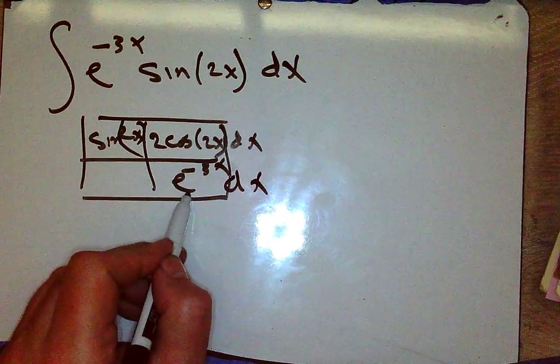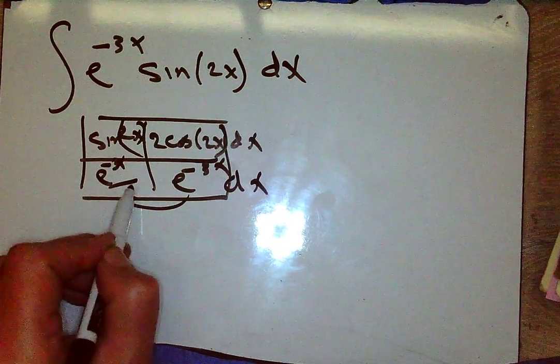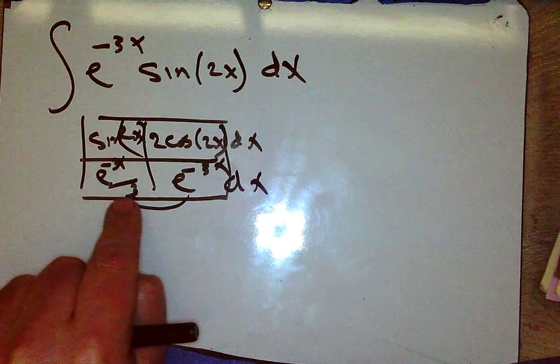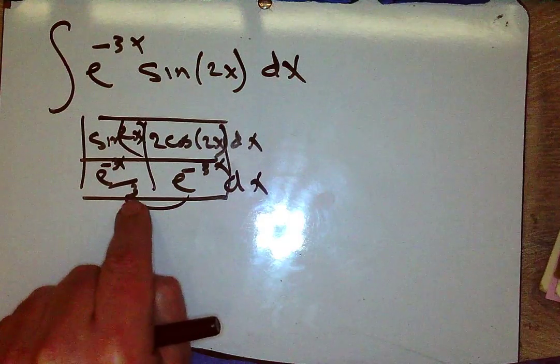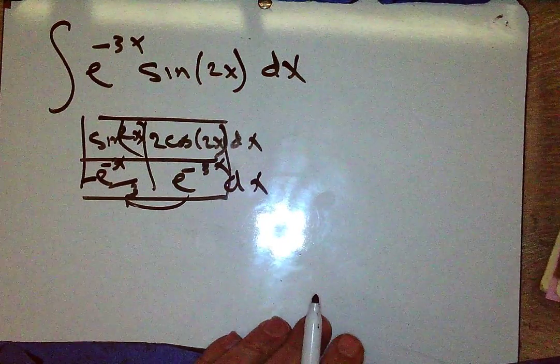So the antiderivative of that, e to the minus 3x over 3, because if you take the derivative, there's a 3 that's going to come down. I'm at a 3 here, so there must have been something present on the original function. In fact, I need that as well.